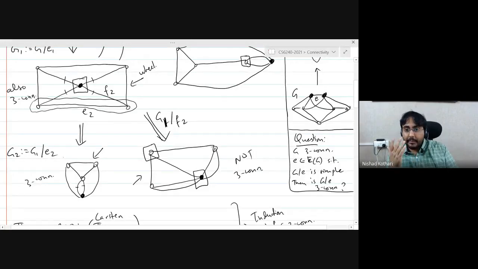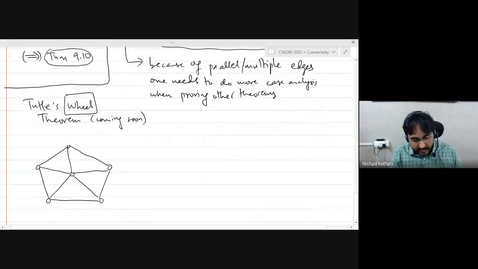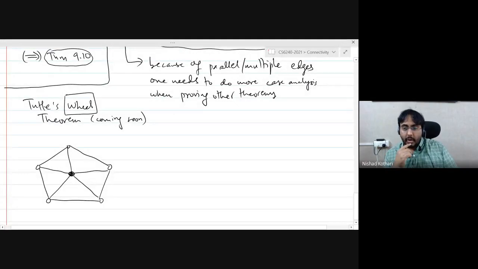So this happens for all wheels. I will leave this as an exercise. Take any wheel, so it's a cycle of length at least 3, and you have a vertex which is joined to all other vertices. Based on assignment 2, we call this a universal vertex. So you have a universal vertex that joins to all vertices of the cycle, right? That's your whole graph.